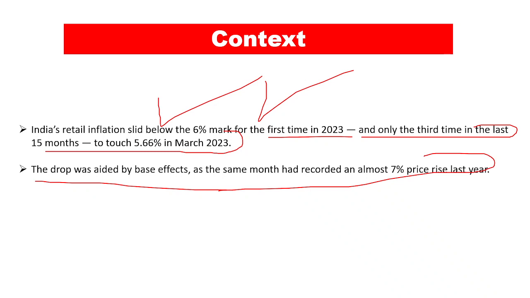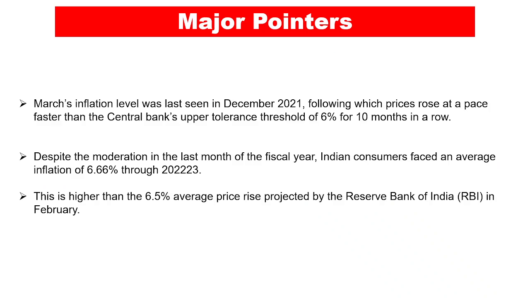What this article is saying is that whenever you calculate inflation, you take the base of the last year, which means March 2022, and compare it to March 2023 and see what percentage increase there is. In March 2022 there was an inflation of 7%. If you take that as the base for the next year, then the inflation is going to be low, right? That is why India's retail inflation is below the 6% mark, that is 5.66% for March 2023.